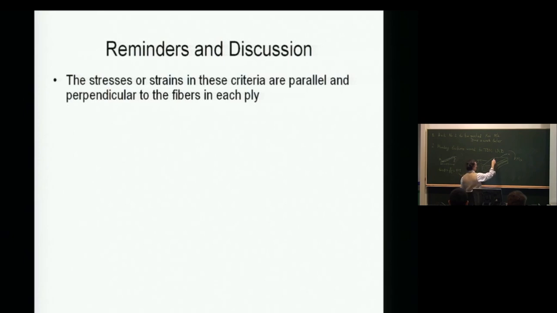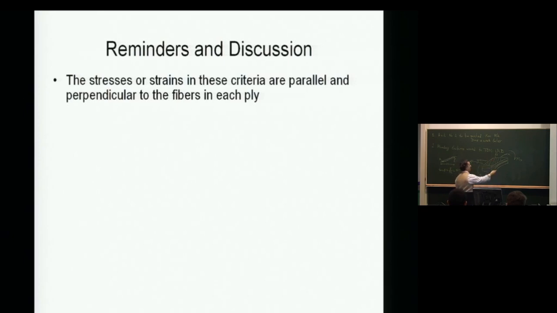But if, let's say, for this top ply, my fibers are at an angle to this coordinate system, I have to rotate the stresses I calculated in this coordinate system to the local coordinate system. We saw everything about stress transformation last time. Pretend this is perpendicular to that. So in the 1-2 coordinate system, and then you take those stresses and you put in these criteria.